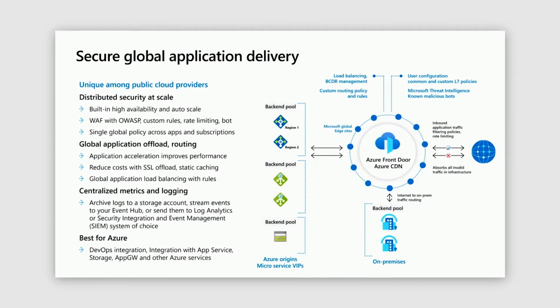Azure Front Door and Azure CDN are our edge services that live at the edge of our network. They're deployed to global points of presence across the globe that allow you to perform routing and security tasks at the edge as close to your end users as possible, to improve the scale of your application, to improve the latency of your application, and to process those attacks or any kind of malicious traffic to your application there as close as possible and distributed across the globe.